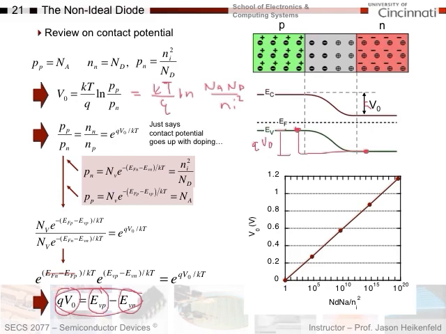And yeah, that's my contact potential. So that was just a simple way to confirm our derivation of contact potential and check it against a band diagram. That's going to become important in a second here.